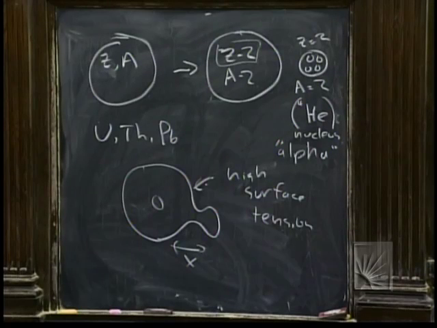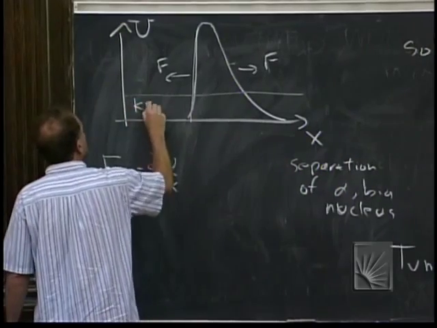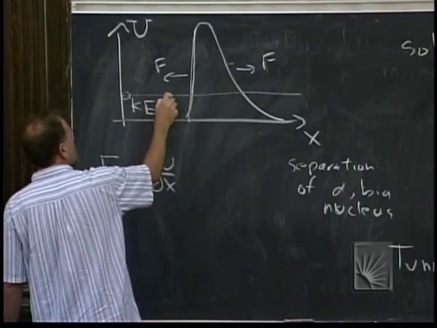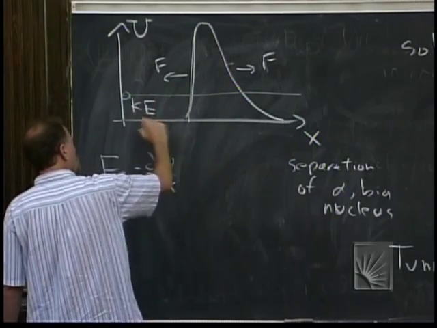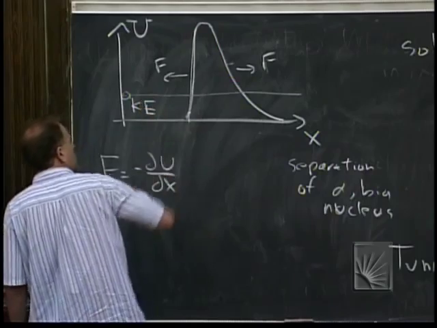All right. That's a kind of qualitative description of alpha decay. But the main point is it's a barrier. And you can think of the kinetic energy of the alpha sort of being some number in here with sort of zero potential. That's the way you think of the nucleus. There's sort of no potential if you're in the center.